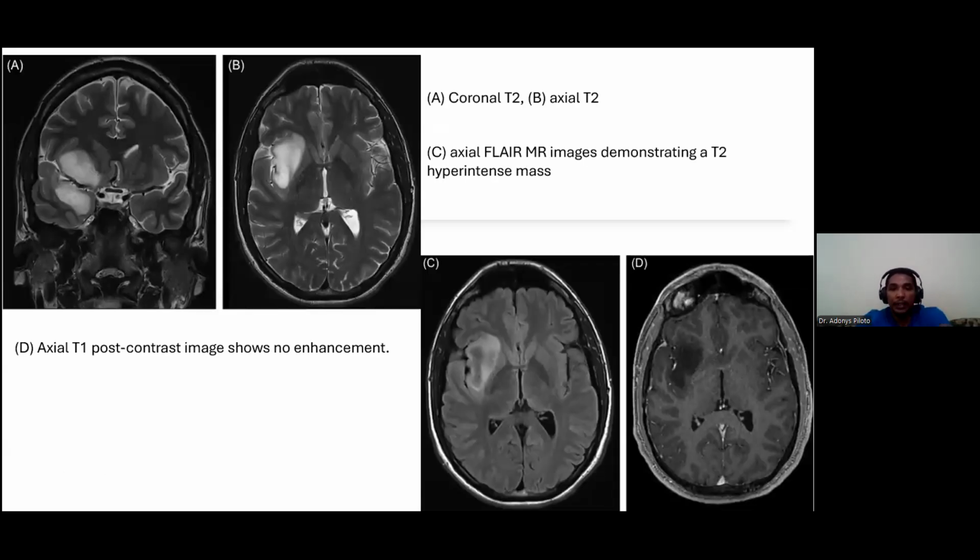As we see here, we have a T2 image with hyperintensity of a low-grade glioma, T1 that shows hypointensity, and FLAIR that shows hyperintensity. The enhancement pattern for this type of tumor is very useful in terms of surgical resection.